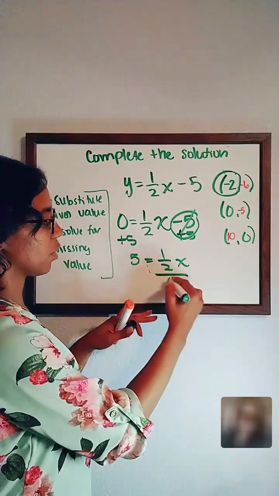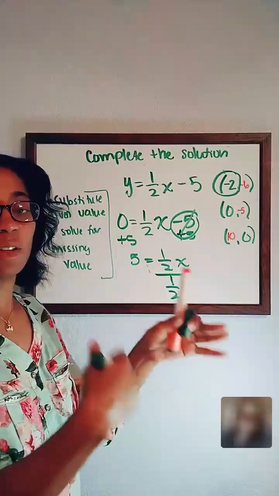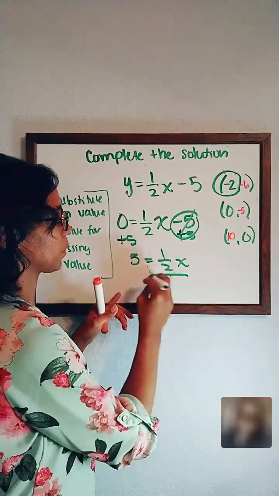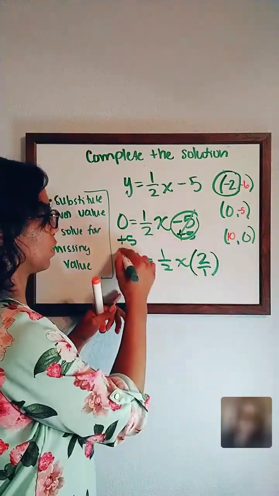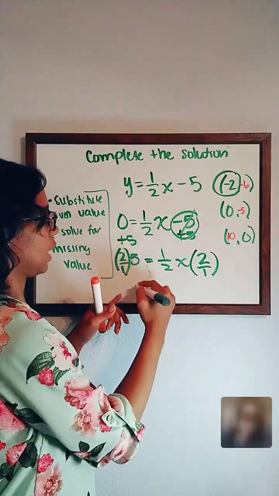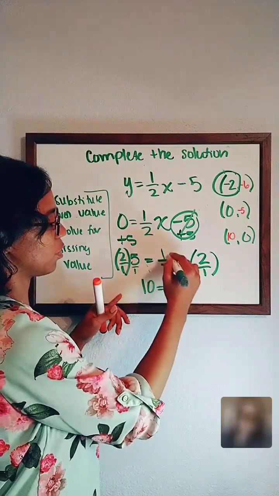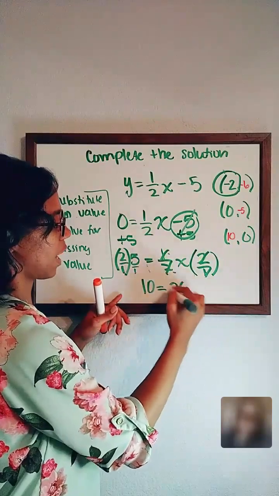Dividing by 1/2 would be keep, change, flip, which means I have to multiply by the reciprocal. So I'm gonna multiply both sides by 2/1. And that's how I'm gonna get 10 is equal to this, and this all cancels out, and I'm left with x.